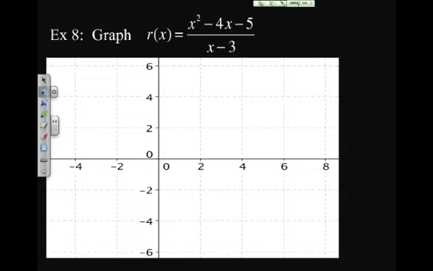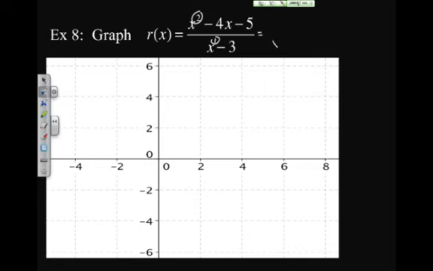So as we move on to example 8, we see that we're going to graph this, and if we look at the degrees, and this isn't always what you check, but since we're talking about it, this is going to have a slant asymptote because the degree on the top is 2 and the degree on the bottom is 1. And so the top is 1 larger than the bottom. But the process we go through is exactly the same as what we've done before. So the first thing we're going to do is factor, if we can.